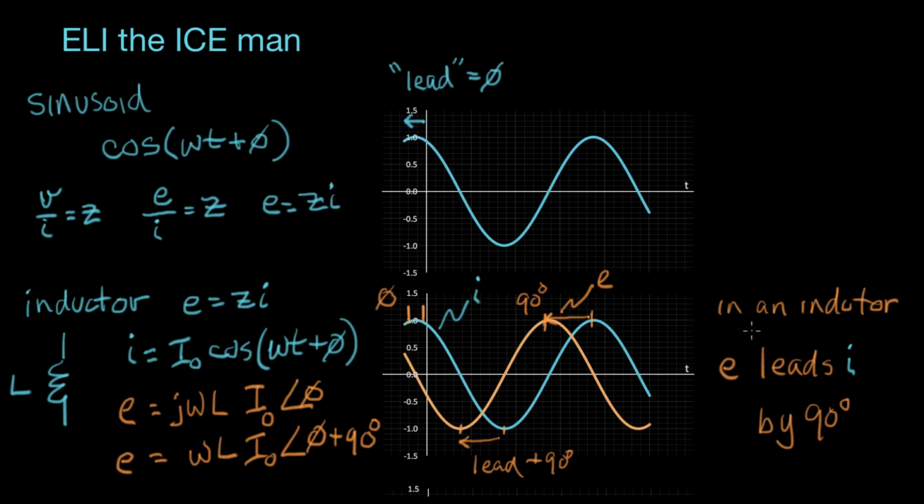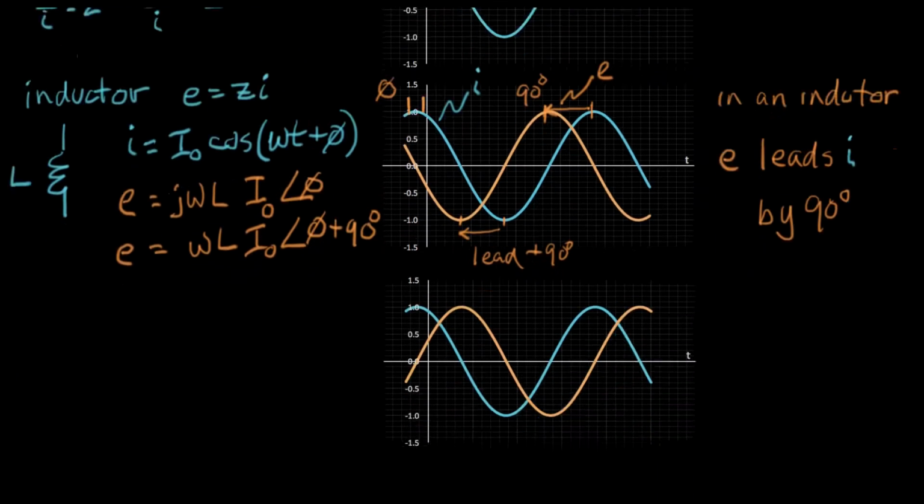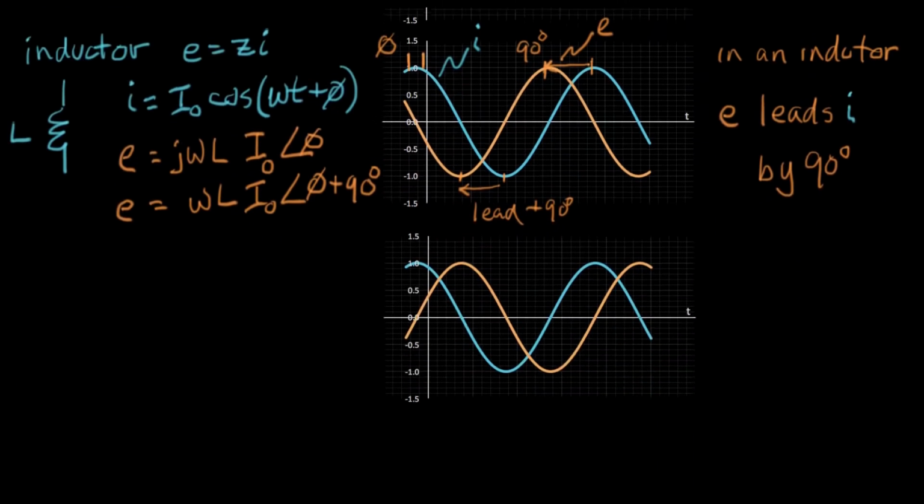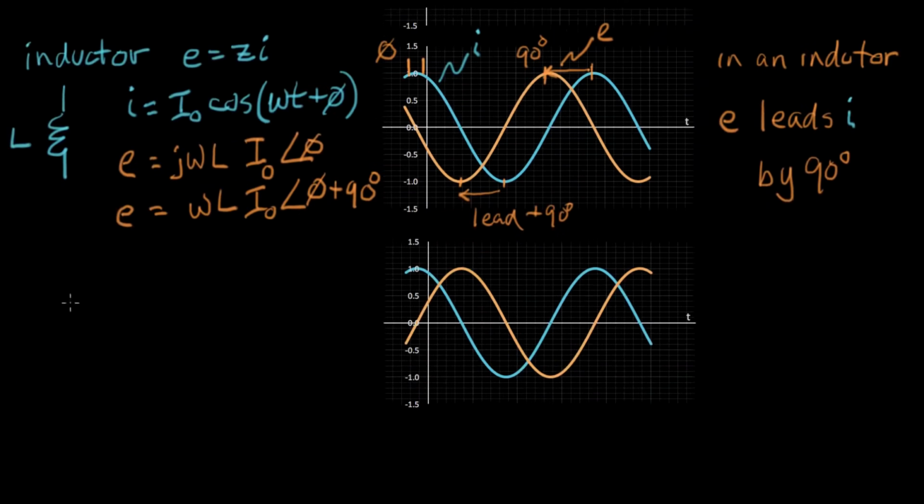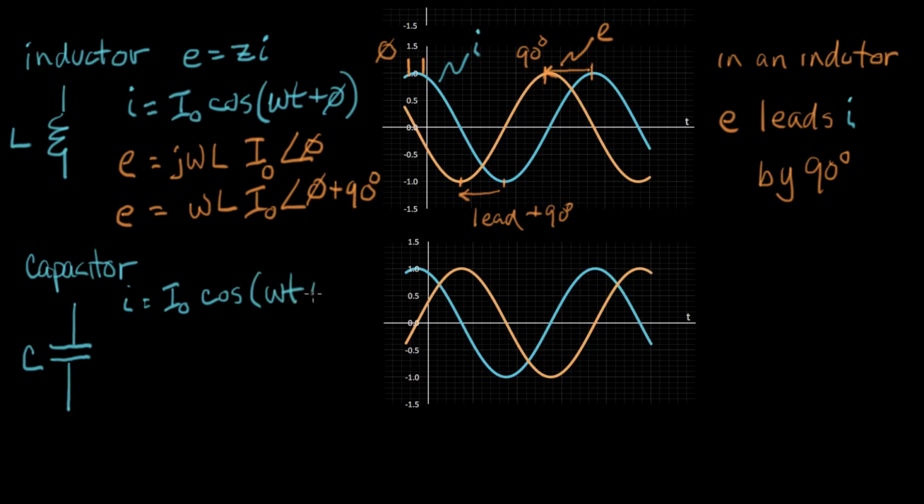All right, now let's do it for a capacitor. And we'll do the same kind of thing here for a capacitor. We'll assign the same current. We'll say I equals some current, I naught, times cosine of omega t plus phi.